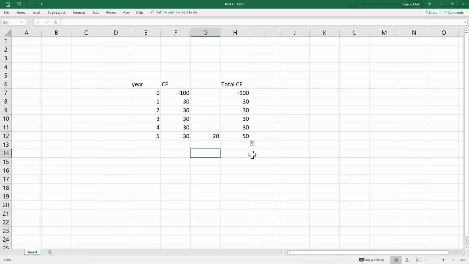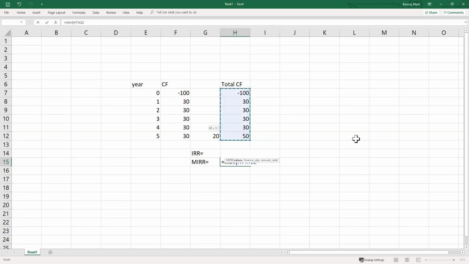Okay. So first question was, what's the IRR? And we get 19% again. What's the MIRR? And so we're going to do the values first.